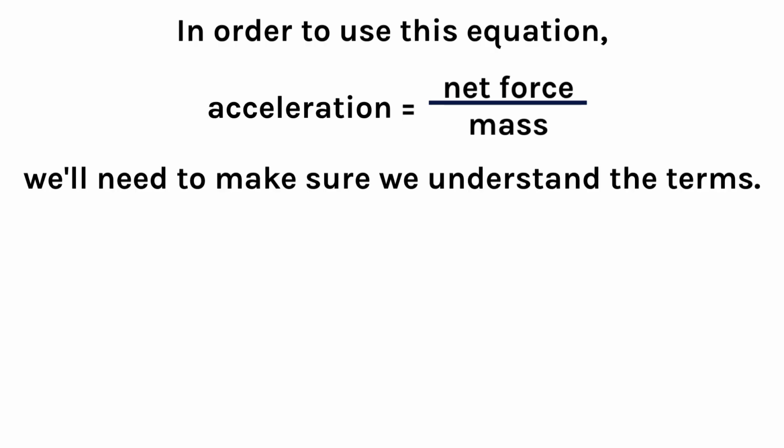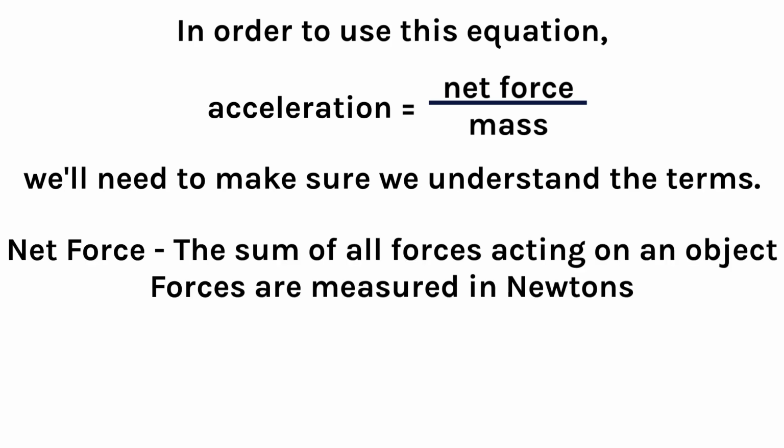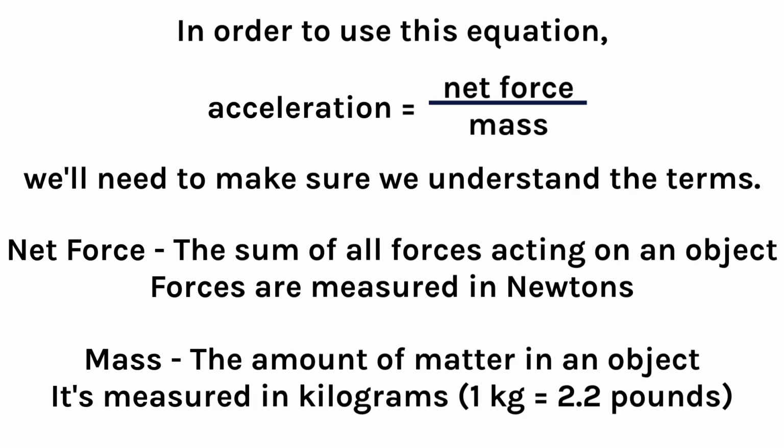In order to use this equation, we'll need to make sure we understand the terms. Net force is the sum of all forces acting on an object, and these forces are measured in newtons. Mass is the amount of matter in an object. It's measured in kilograms. 1 kilogram is about equal to 2.2 pounds.